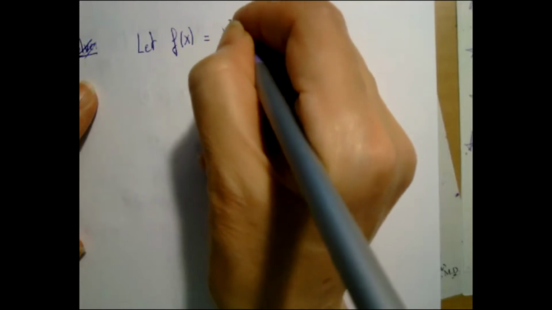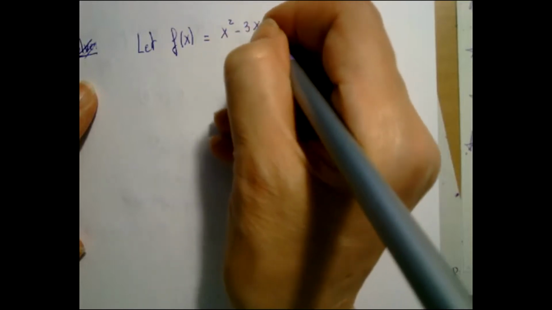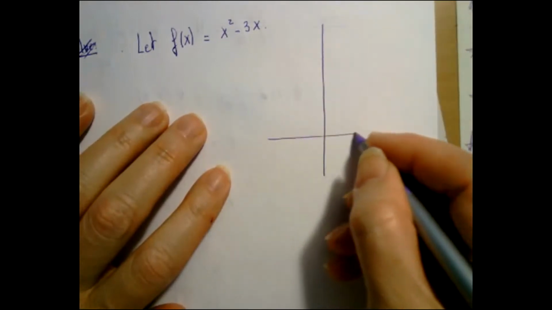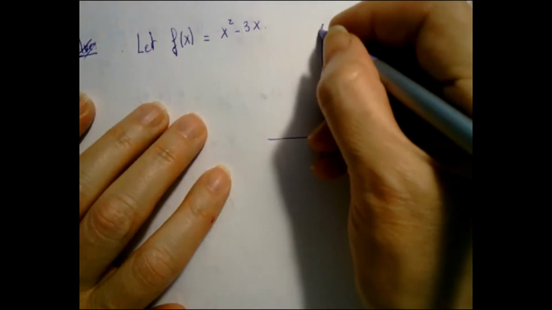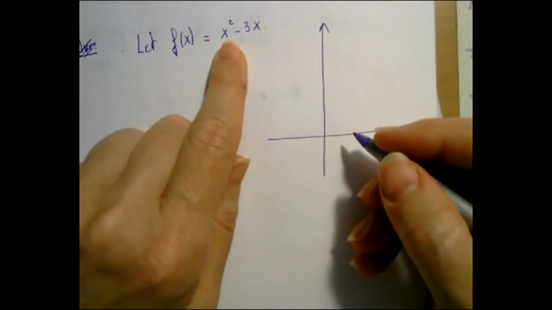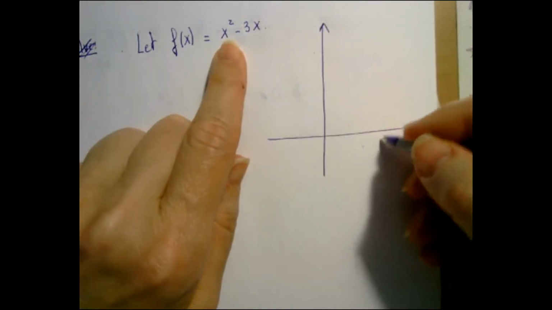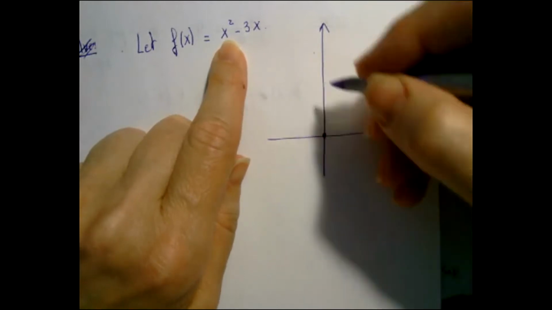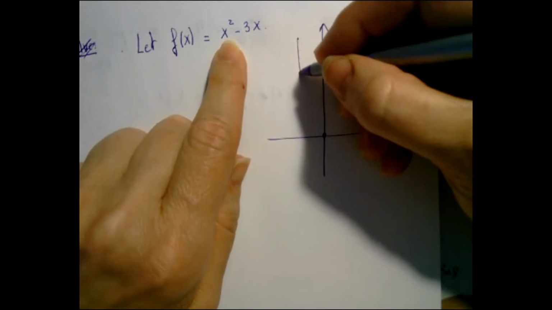So for example, let me put it in terms of function. Let f of x equal x squared minus 3x. That's a function, and I'm going to put here its graph. It means if I take several values of x and start plotting them, I take, for example, x equal to 0 and plot it, I get a picture that looks like that.